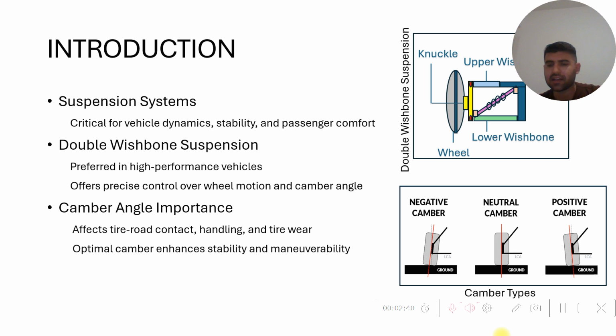The ideal camber angle helps optimize road contact, which is crucial for effective handling and minimizing tire wear, improving stability, increasing longevity and giving a more dynamic driving experience. Here there are different types of camber: negative camber, neutral camber, and positive camber. Every camber has its own need and its own pros and cons.